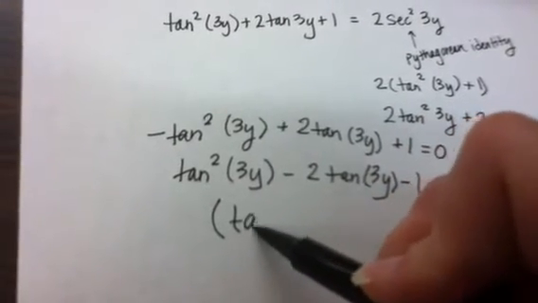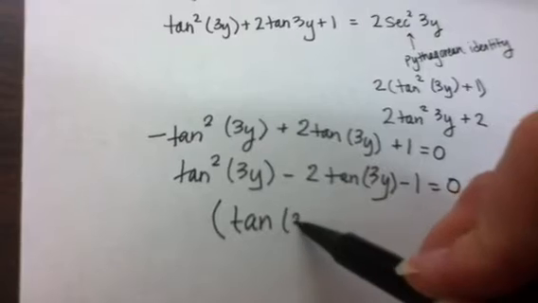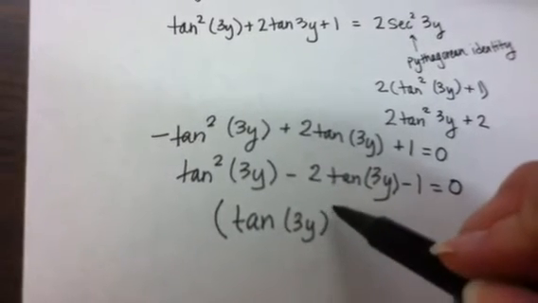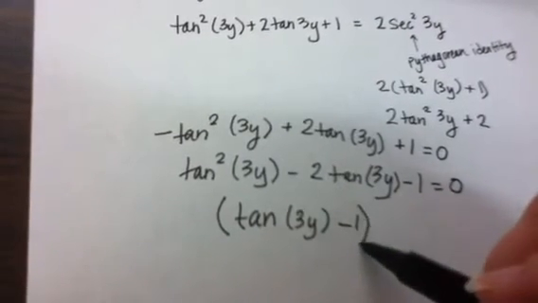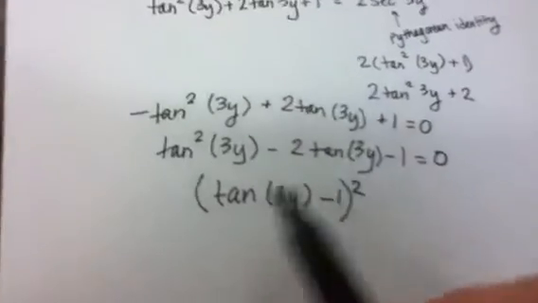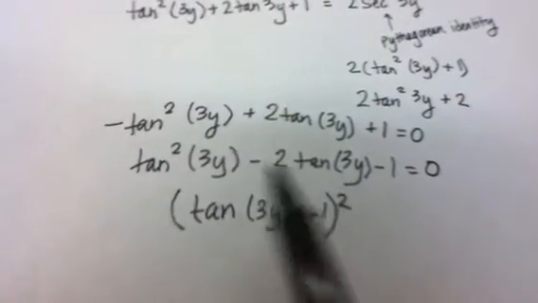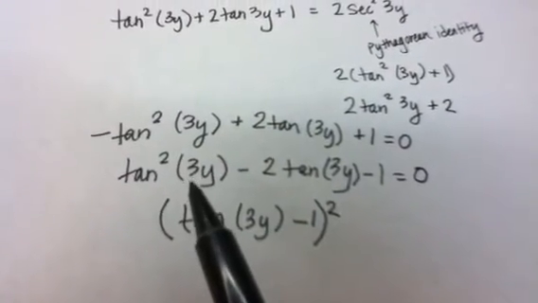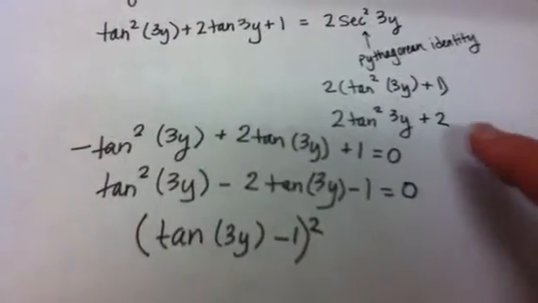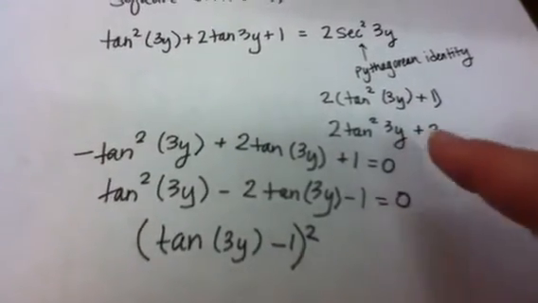It'll be tangent 3y minus 1 binomial squared, because this is a perfect square trinomial, isn't it? Okay, so we are subtracting this 2 from both sides.